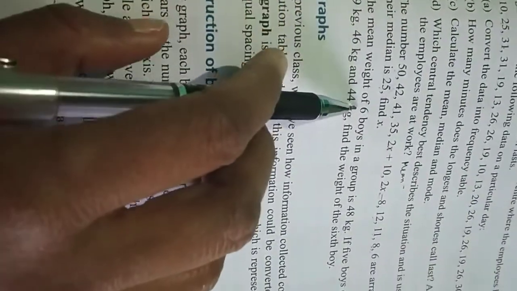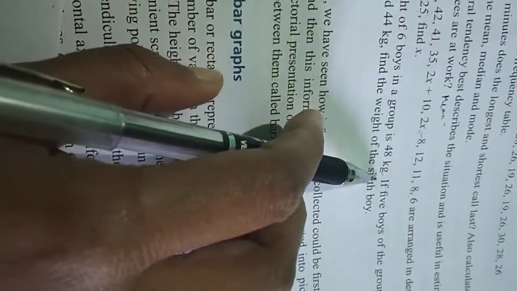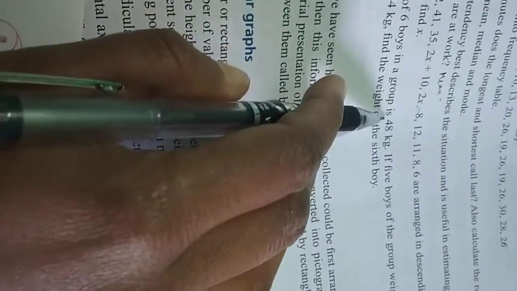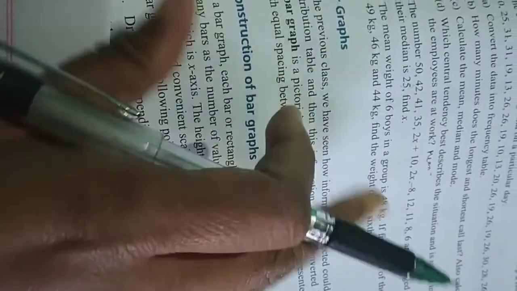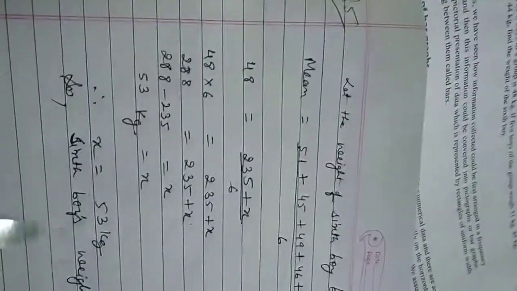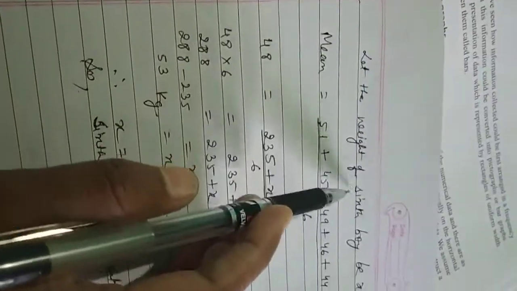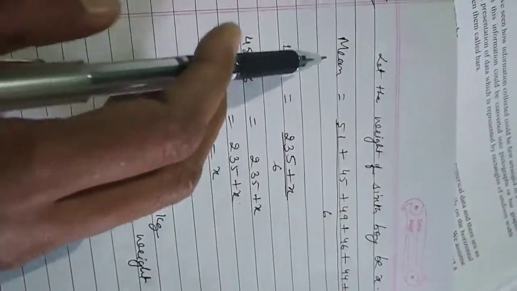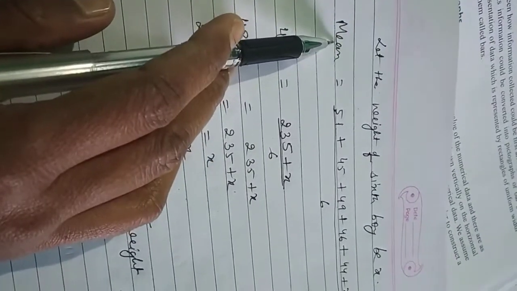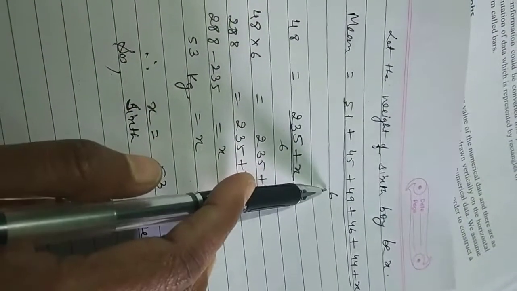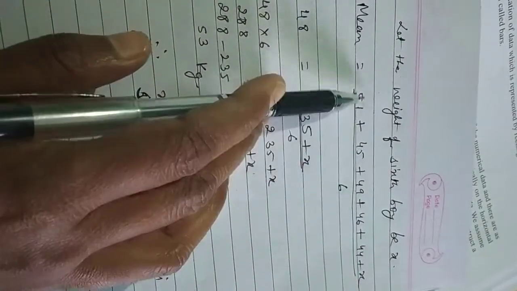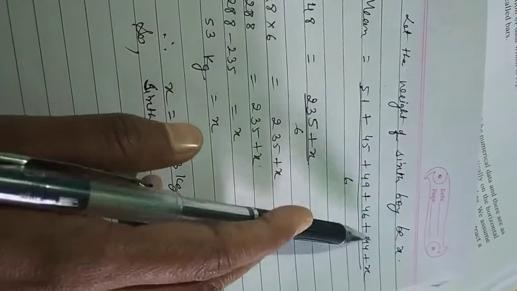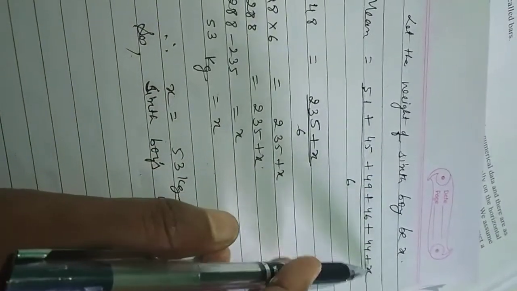Now question number 5. The mean weight of 6 boys in a group is 48 kg. The mean weight is given. If the weights of 5 boys of the group are given, you have to find the weight of the 6th boy. So it is also very simple. We will let the weight of the 6th boy be x. And the mean is given. How to find the mean? Sum of observations divided by number of observations. For the sum of observations, you add up the 5 boys' weights, 1, 2, 3, 4, 5, and the 6th boy's weight we let as x.